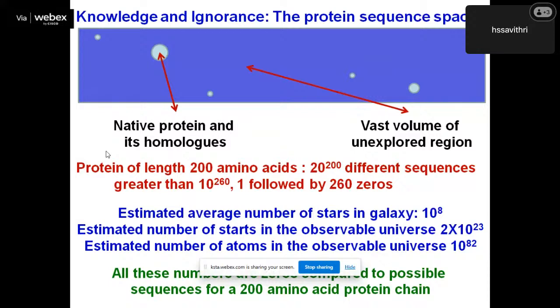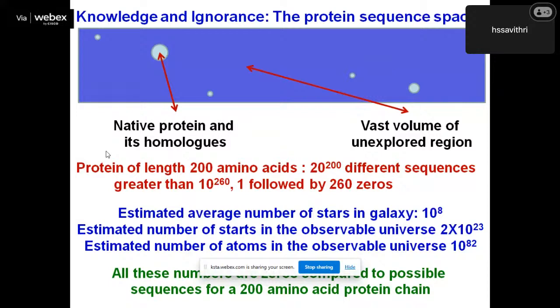Estimated number of atoms in our whole universe is supposed to be 10 power 82. 10 power 82, you can say, is almost zero compared to 10 power 260, because 10 power 260 is so much greater than 10 power 82, which really means that the number of proteins that are possible theoretically is enormously large. Whereas if you take our body, you may find 100,000 different proteins.